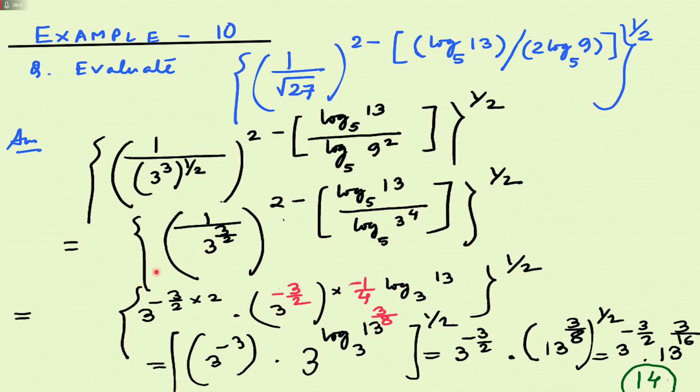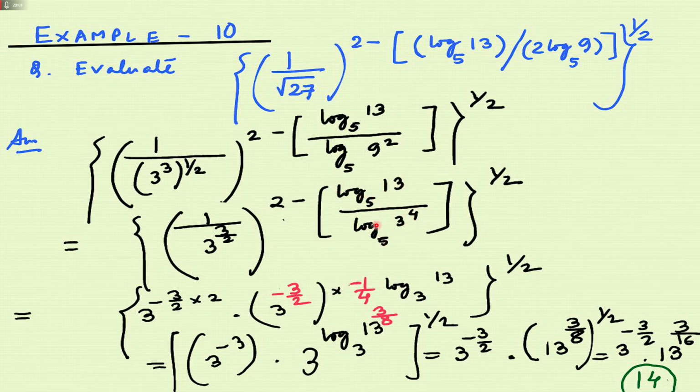Now what I have done here, just writing this 1 by 3 to the power 3 by 2 as 3 to the power minus 3 by 2, and just operating this 2, I am getting here 3 to the power minus 3 by 2 into 2, and I can also write this as into 3 to the power minus 3 by 2 into this log term.